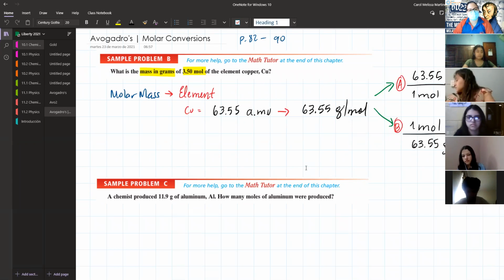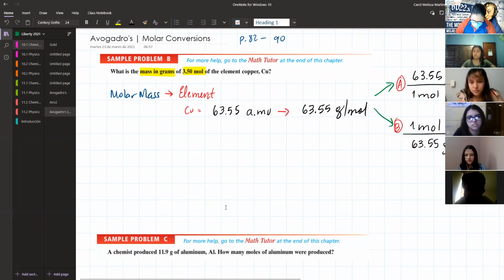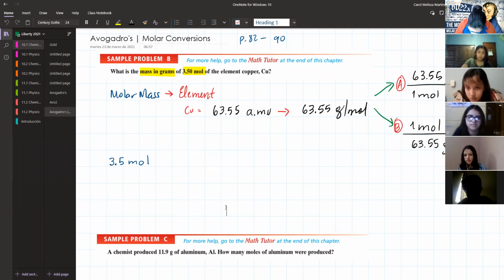So we always begin with the given. We say the given is 3.5 moles of copper. Okay, so the conversion factor, the molar mass that we're going to be using, is going to be like A or like B if I want to get rid of the moles.